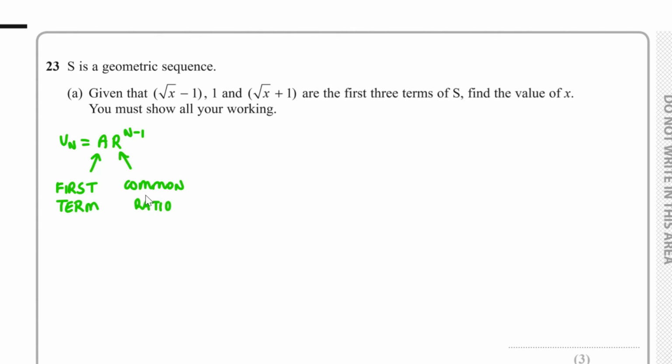Then obviously r must remain the same between the terms. So we've got our first term, our second term, and our third term. So if we divide those terms, that should equal r.